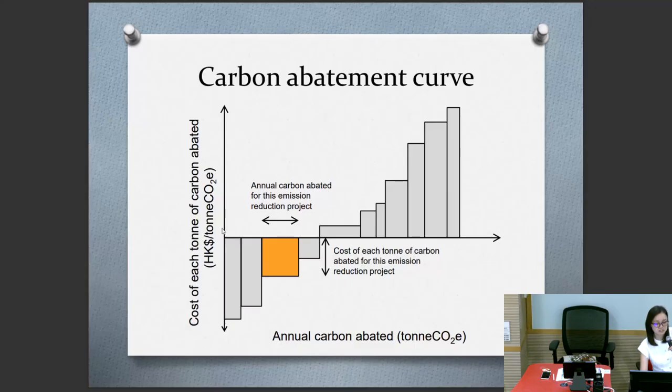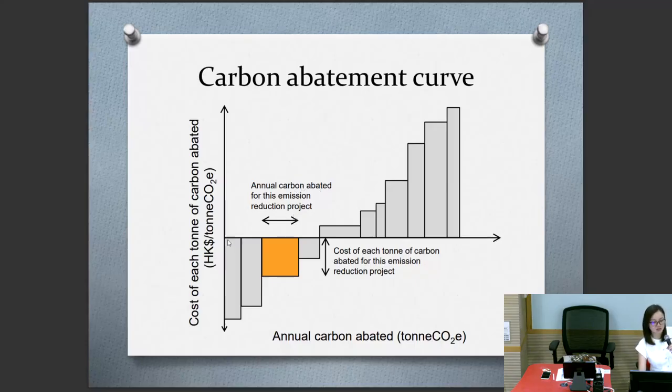So for this y-axis, if they are negative values, the smaller the better. When this is negative, the lower the better, because you can save money, you can have profit by that mitigation project. And for the x-axis, the larger the better. This is the amount of carbon that you can reduce in a year, so the annual carbon abatement for this emission reduction project.